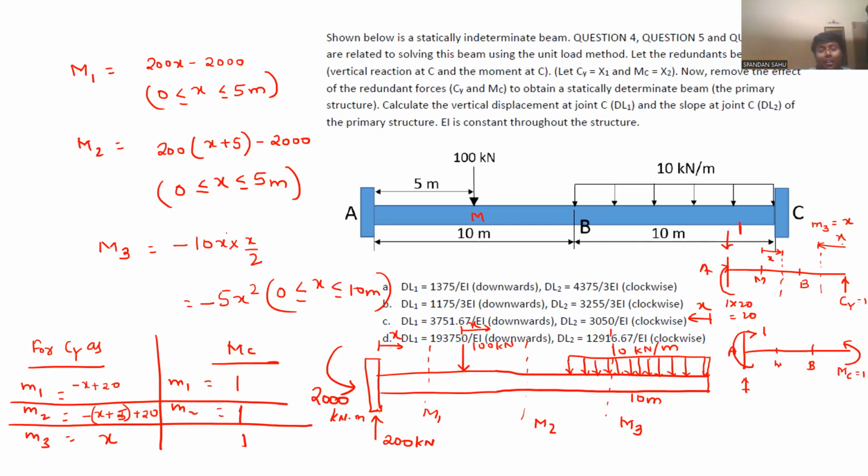Now, same thing, DL1. How to find DL1? Tell me. M square, M into m, not DL. DL1 is due to external. Capital M is representative of what? External load. So DL1 is due to external load.